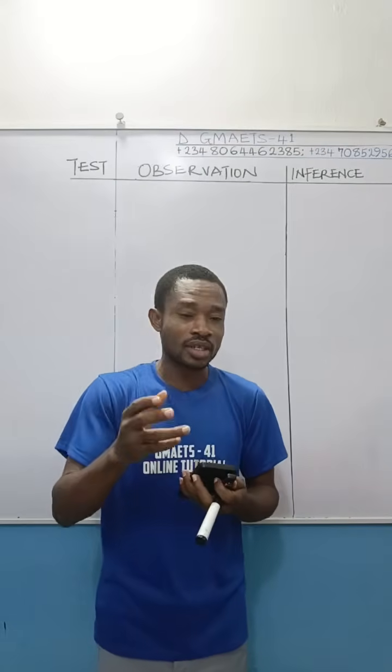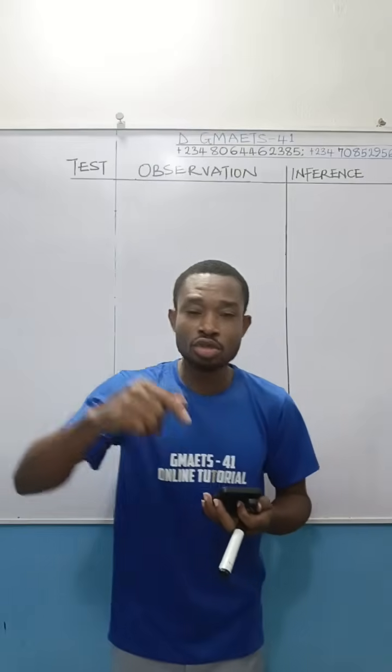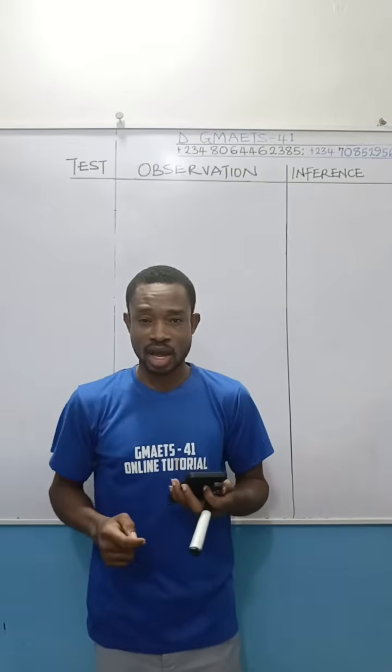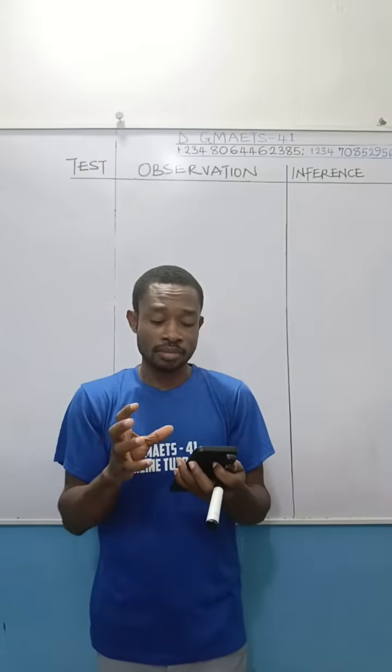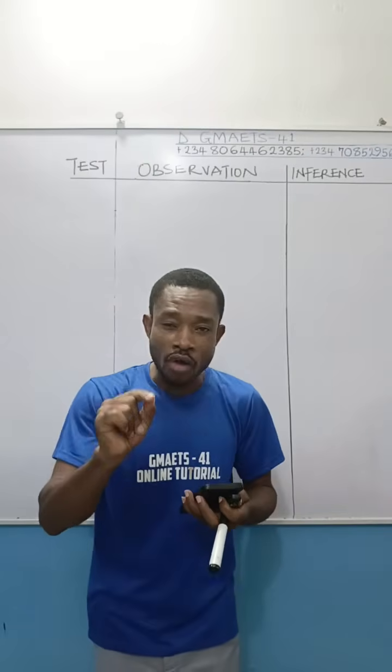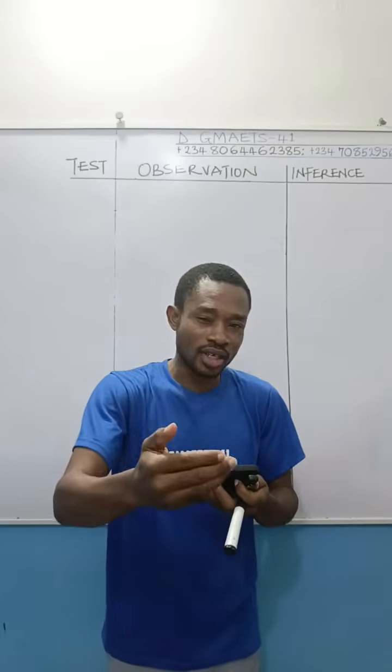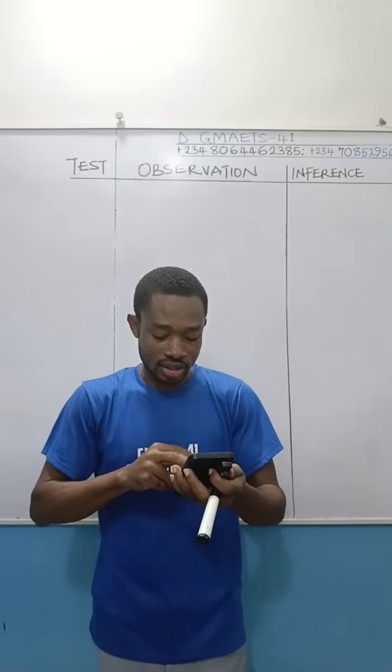However, I am not saying you should not carry out the experiment. You want to carry it out as much as there is time. But if you are choked with time, use the knowledge of the name of the reagent you are adding to help you predict the ion that is there.